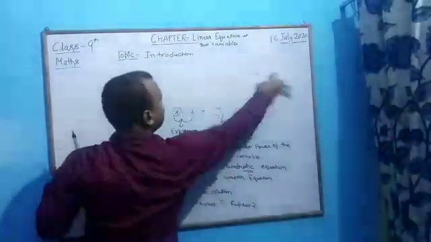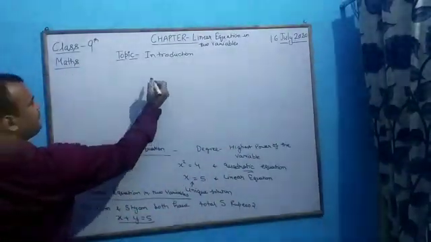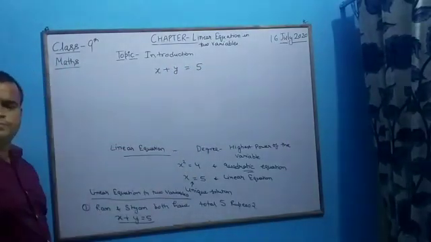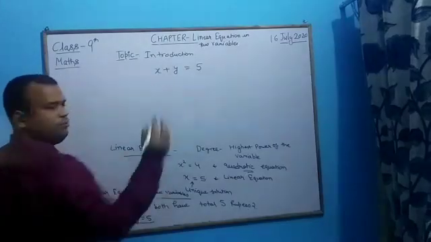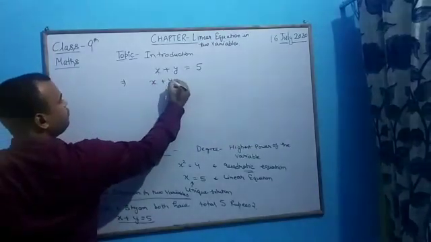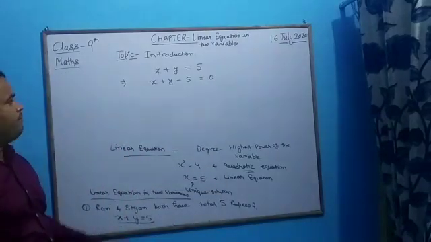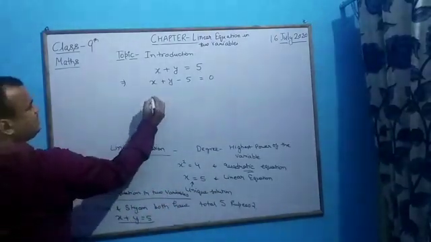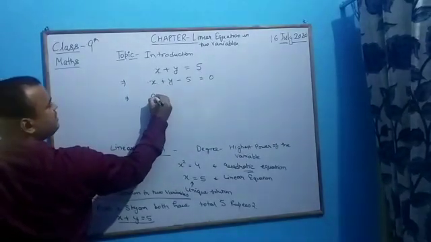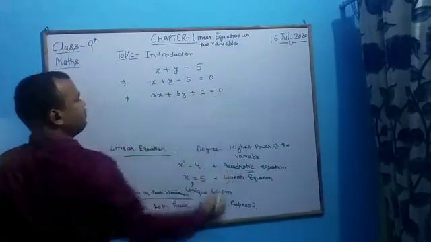Now let us see the parts of this simple equation. Here we have written x plus y is equal to 5. This is the constant. Now we can shift all the values to one side of the equation. We can also write it in a standard form, ax plus by plus c is equal to 0.